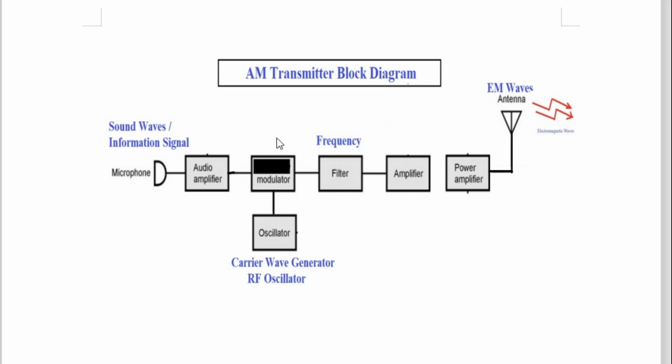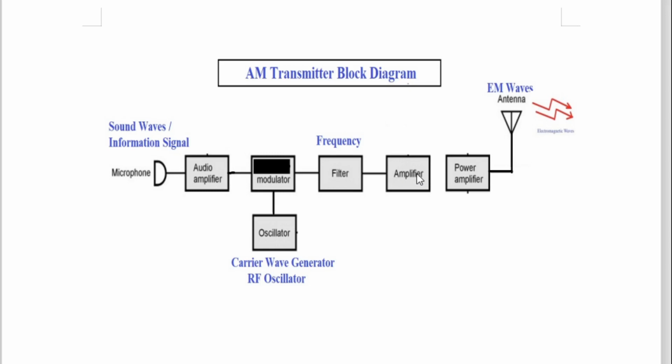Now the modulated output is given to the frequency filter. Here there is a new block. Why? Because we want to remove unwanted frequencies. If any noise frequency is there, then we want to remove that, and that is why the frequency filter is there.